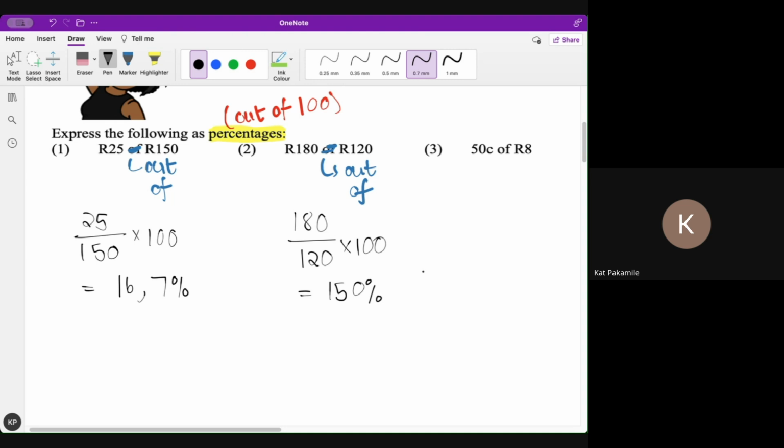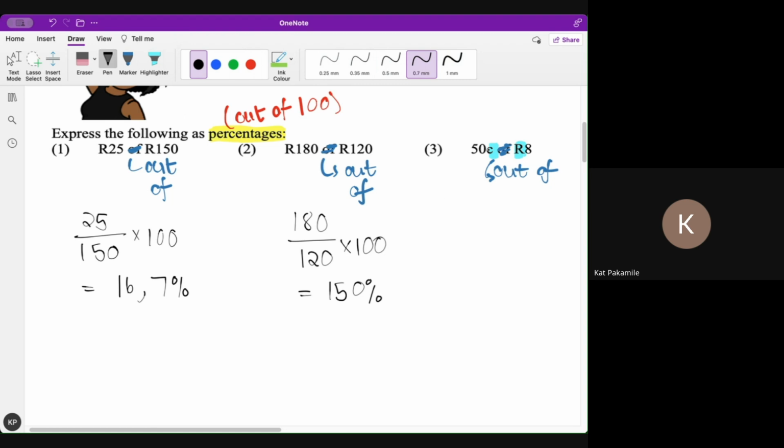Are we with me? It seems like we got the hang of this much quicker than I thought. What's different about number 3? We have different units. If they were both cents, there wouldn't be a problem, but I have cents and I have rands. So I either convert this to cents or I convert 50 cents to rands.